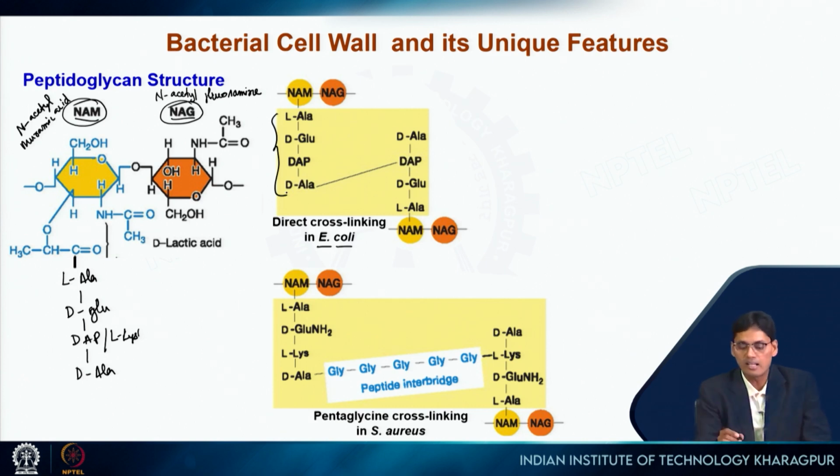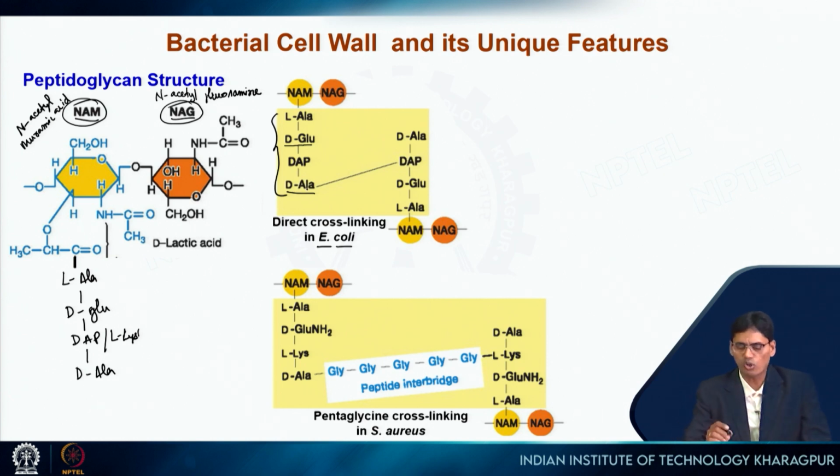But here many of the amino acids are the D form, like D-glutamic acid and D-alanine, and that is advantageous for bacteria because they provide resistance to different peptides and so many things.